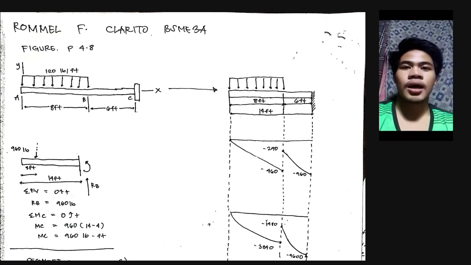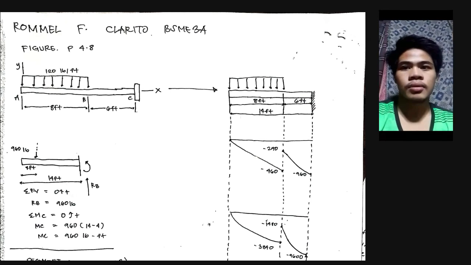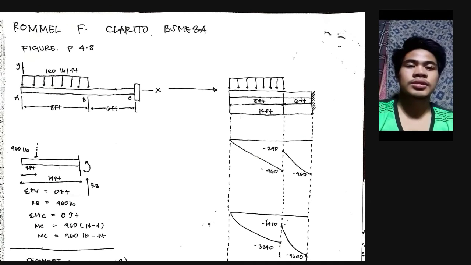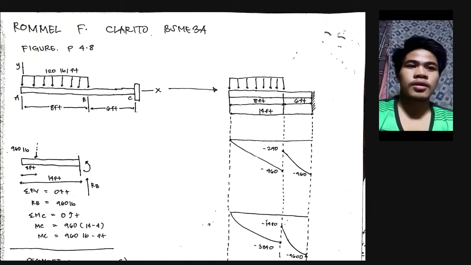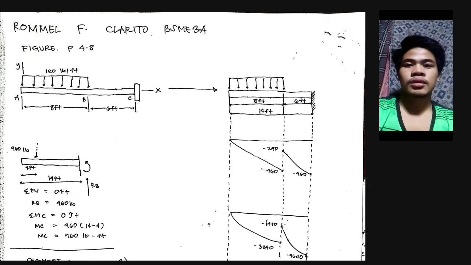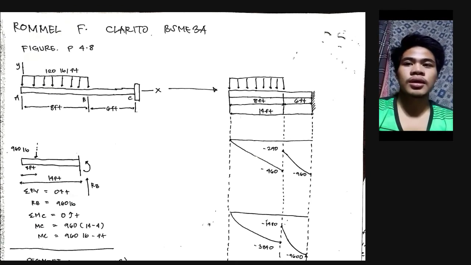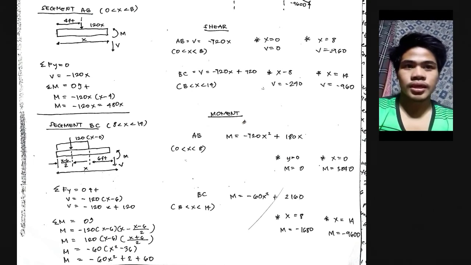And here we have a reaction force RB and the moment. For the summation of vertical forces at 0, RB is equal to 960 pounds. And for the moment, here we have negative 960 multiplied by 14 minus 4, and that is equal to 960 pound-feet.